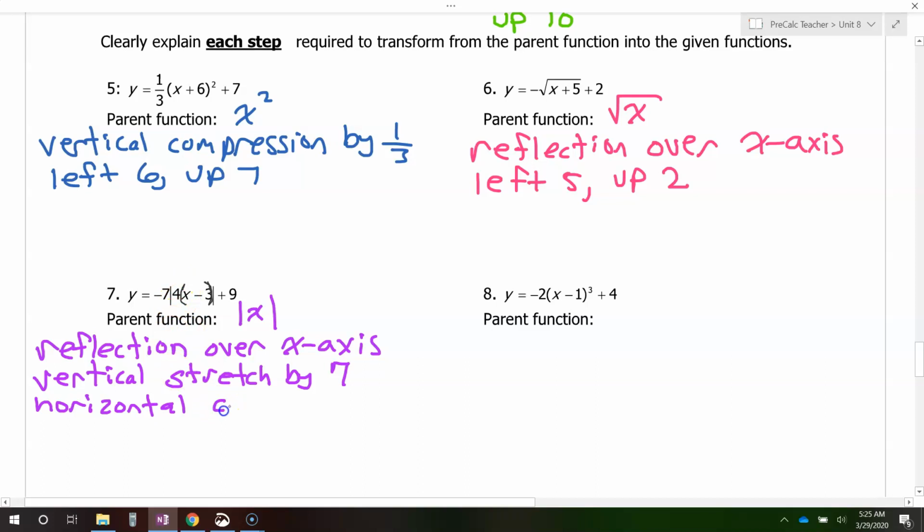So it's a horizontal compression, or I could have said shrink. It's going to be by a factor of 1/4. That's how it becomes a compression, because it's the reciprocal. Now, the minus 3 will be to the right 3. And the plus 9 will be up 9.